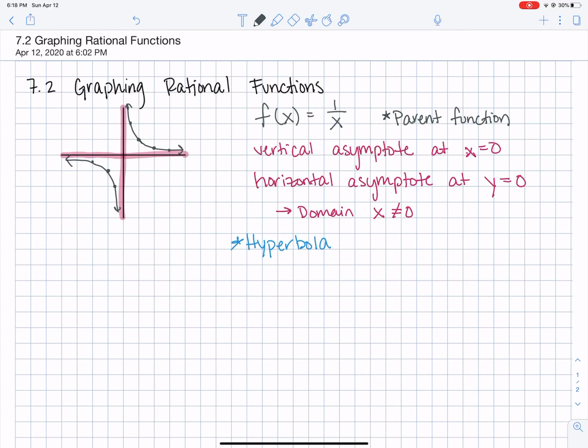And you guys all know your transformations. So when we're working with our transformations, we're still going to work with the same letters A, H, and K. So our same transformations.